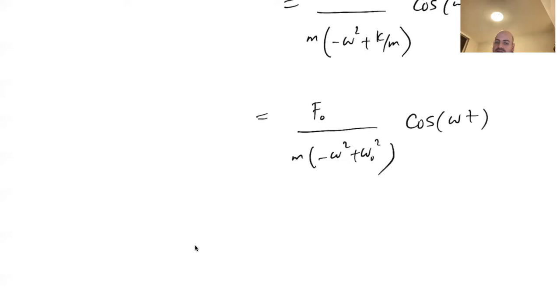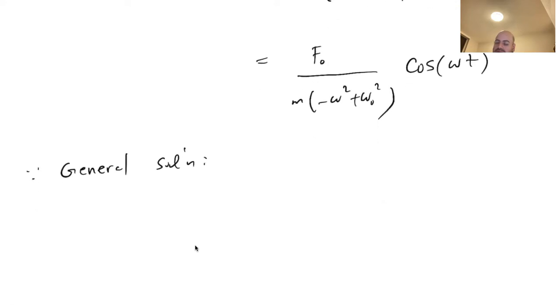And then the general solution will be u of t equals u_c plus u_p, complementary solution plus particular solution.